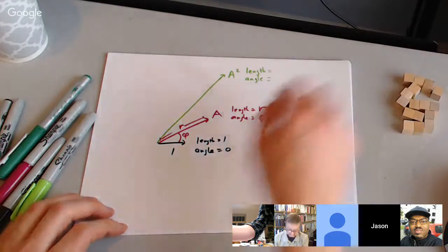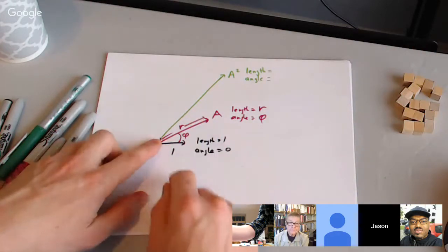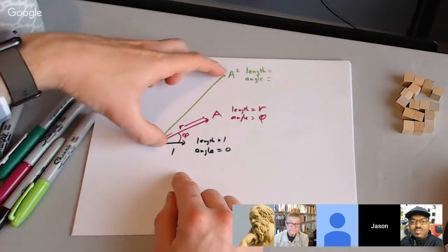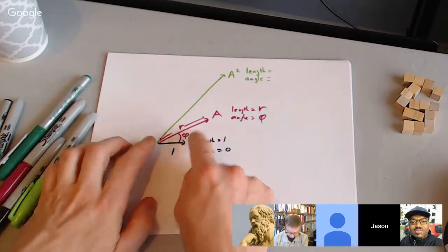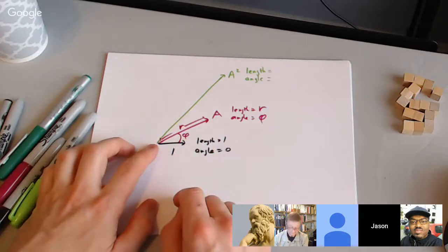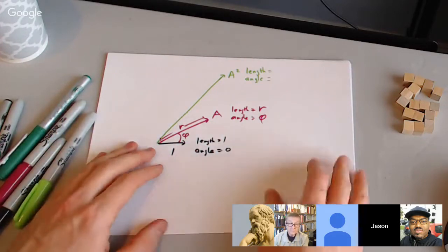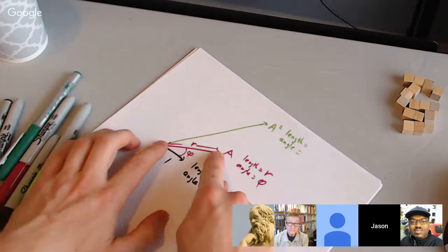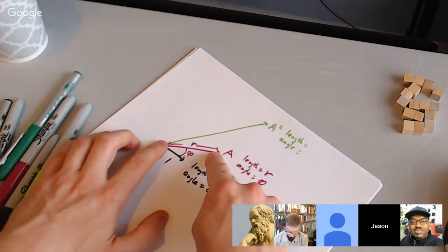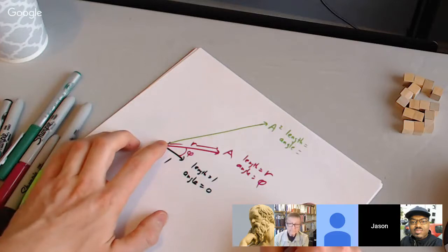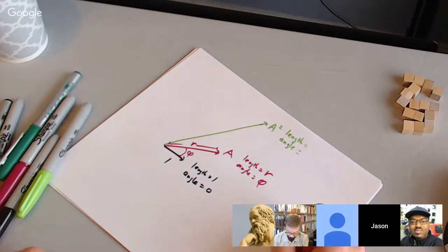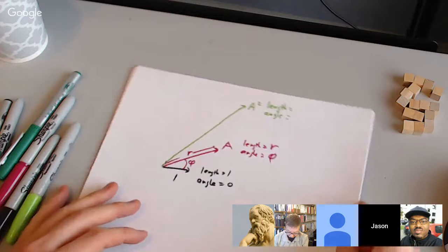Now, when we're looking at the relationship from 1 to a, that's the same as the relationship of a to a squared. So 1 to a, whatever that relationship is, say it got twice as long and went up maybe 30 degrees. We'd again make it twice as long and move it up about 30 degrees to get a squared. 1 is to a as a is to a squared.